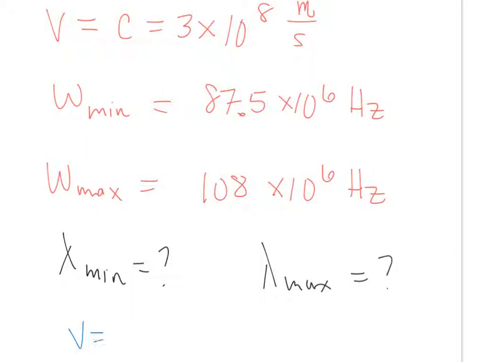Okay, velocity equals frequency times wavelength, or wavelength times frequency, either one. What we're going to see is that when we have a higher frequency, we have a lower wavelength. So the maximum frequency will give us the minimum wavelength, and the minimum frequency will give us a higher wavelength. So let's go ahead and solve for lambda.